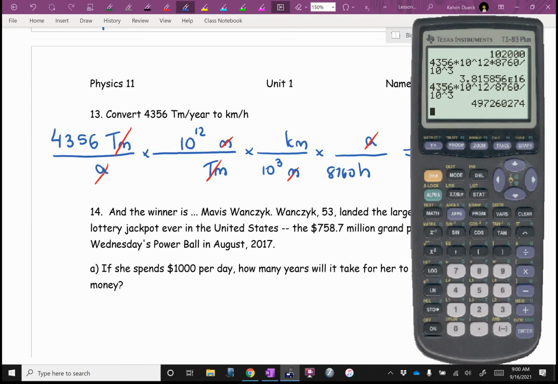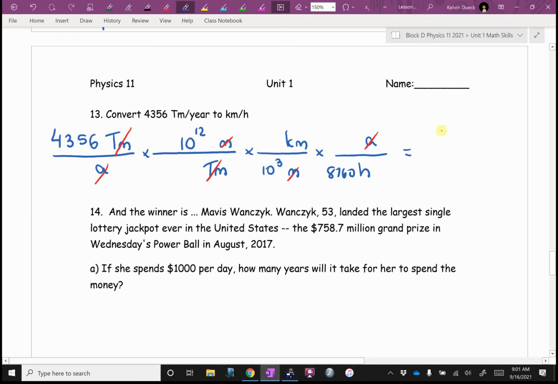So I'm going to write this in scientific notation as 4.97 times 10 to something. To the what? Yep. Kilometers per hour.